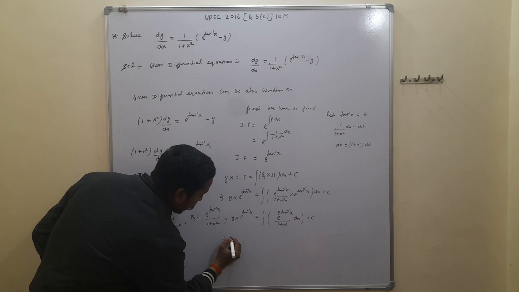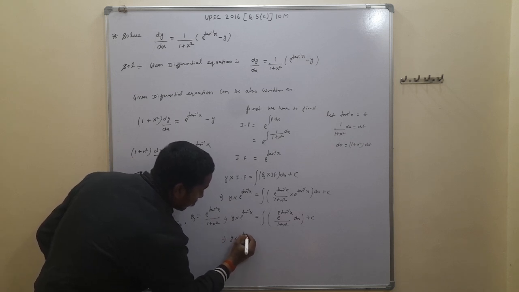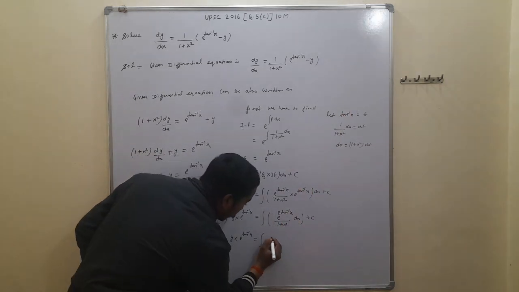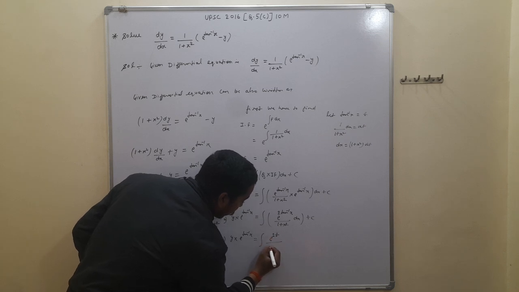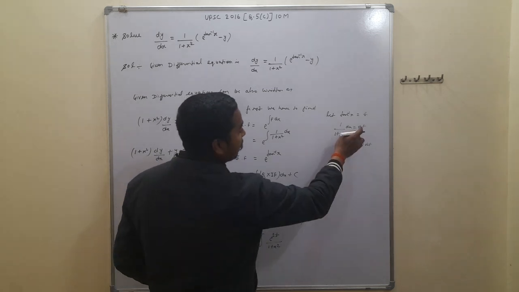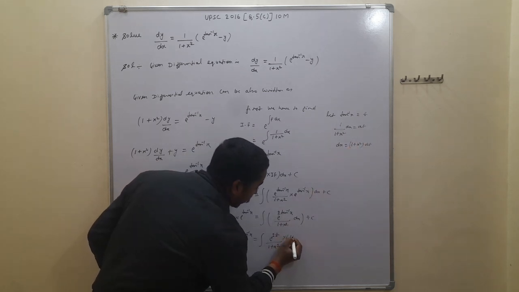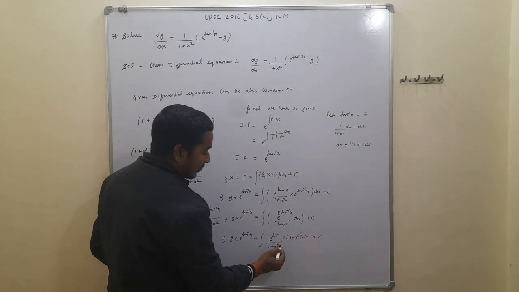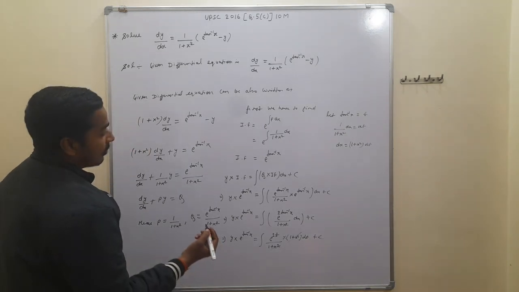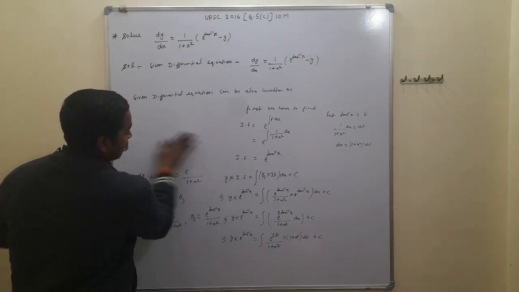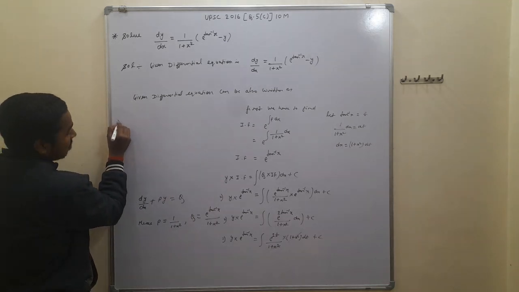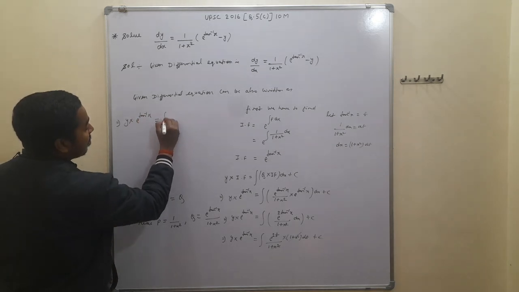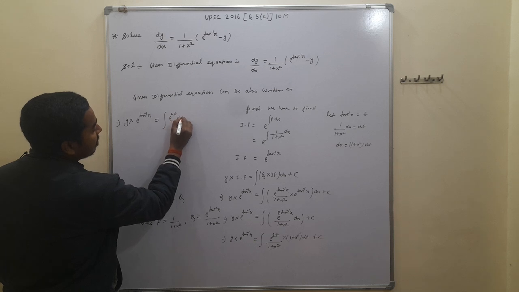This gives y into e to the power of tan inverse of x is equal to integral, here let tan inverse x is t, so e to the power of 2t upon 1 plus x square, and in place of dx we put 1 plus x square into dt, and here is already the constant c. 1 plus x square to 1 plus x square is cancelled out, and the remaining is y into e to the power of tan inverse of x is equal to integral e to the power 2t into dt plus c.